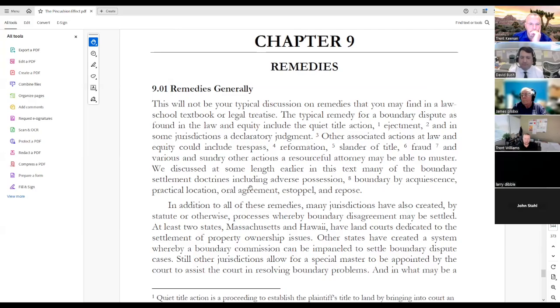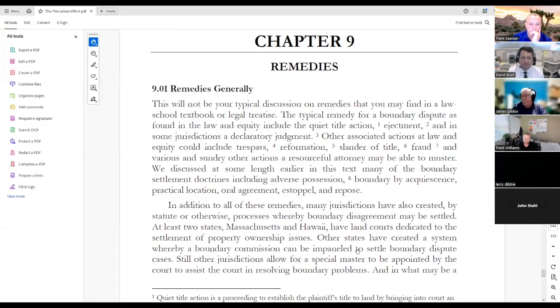We discussed at some length earlier in this text many of the boundary settlement doctrines, including adverse possession, boundary by acquiescence, practical location, oral agreement, estoppel, and repose. In addition to all these remedies, many jurisdictions have also created by statute or otherwise processes whereby boundary disagreements may be settled. At least two states, Massachusetts and Hawaii, have land courts dedicated to the settlement of property ownership issues.